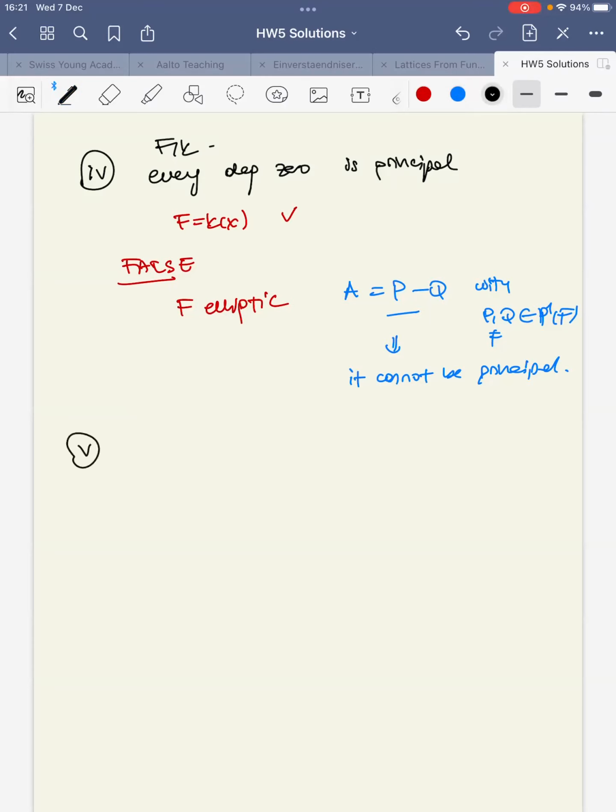In the last statement, again, we are given an elliptic function field with at least two distinct rational places.